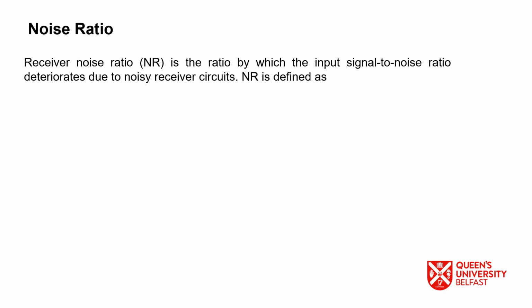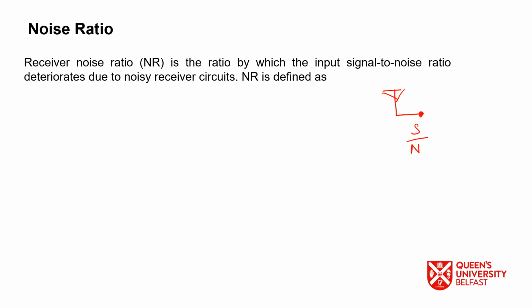The receiver noise ratio is the ratio by which the input signal to noise ratio deteriorates in a noisy receiver circuit. Imagine we have an antenna that receives a signal here at this point, then a system will have its own noise and this system will also have a signal.